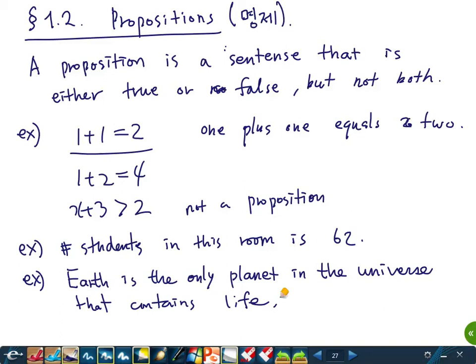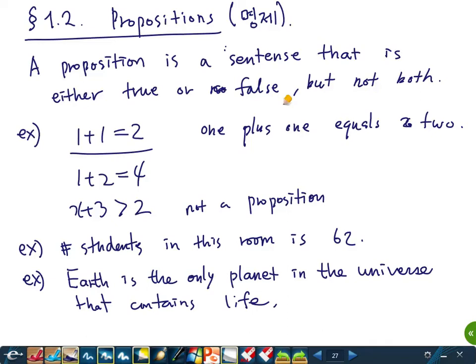Yes? Okay, let's vote. Yes. All right. No, it's not a proposition. Not sure? If you're not sure, go back to this definition again. All right? And then think again. I understand why you think this is not a proposition.